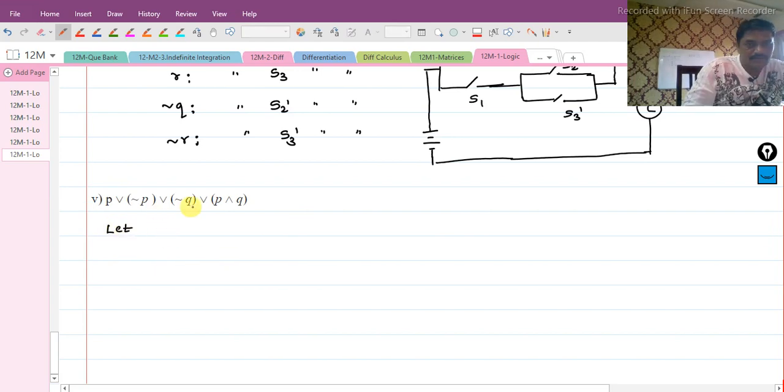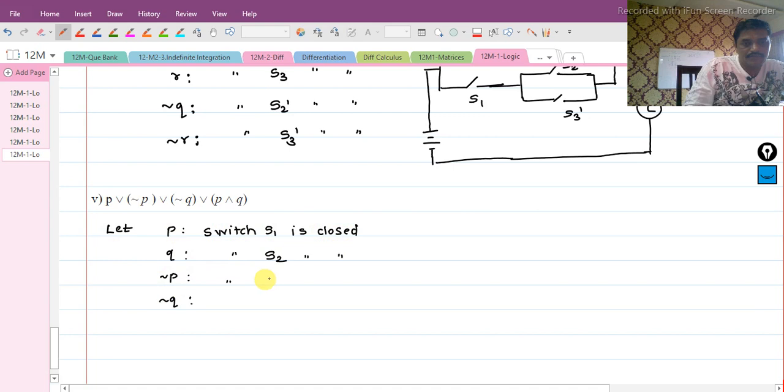Let P, Q, negation P, negation Q. Switch S1 is closed. Switch S2 is closed. Switch S1 dash is closed. Switch S2 dash is closed.